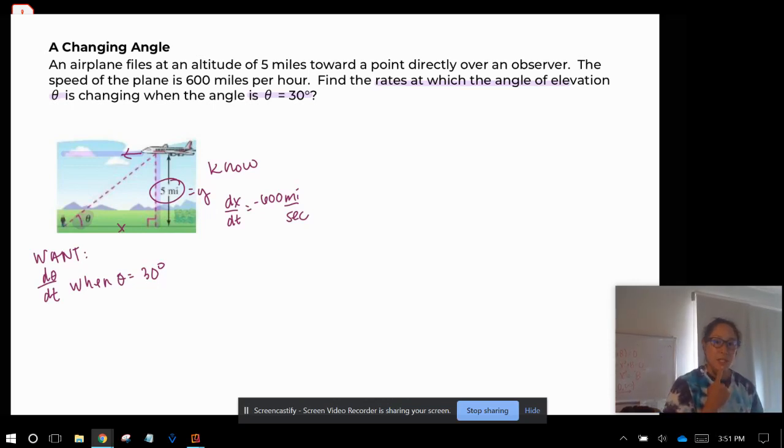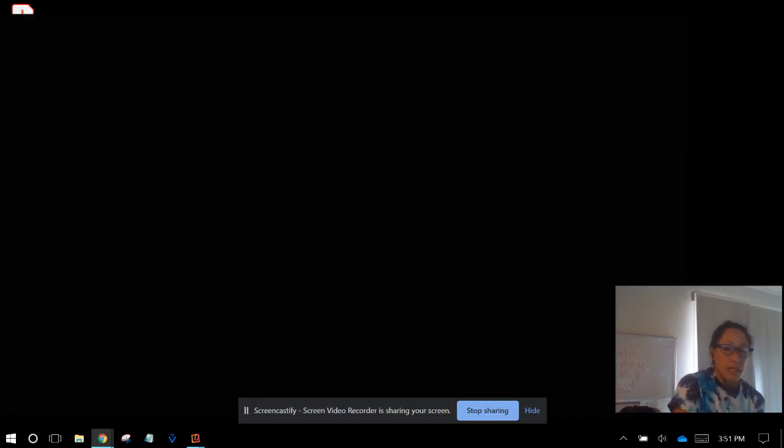What could we use? I think we should use some trig. I know that this equation tangent theta is equal to the y length over the x length. And that's nice because it has thetas, it has x's, it has y's, okay? So next up, I know we aren't often able to do this, but the y length is 5.